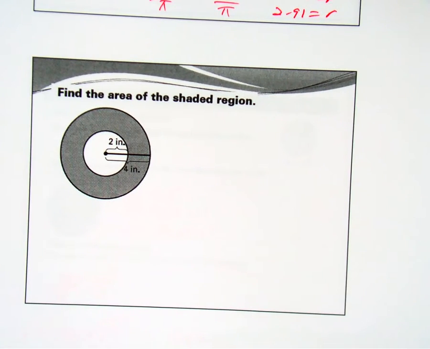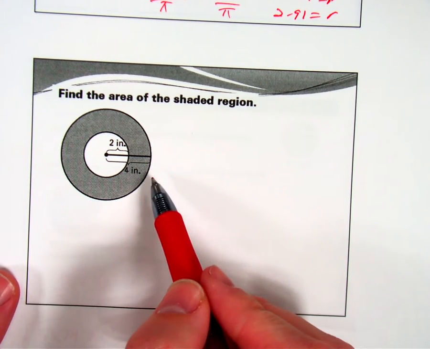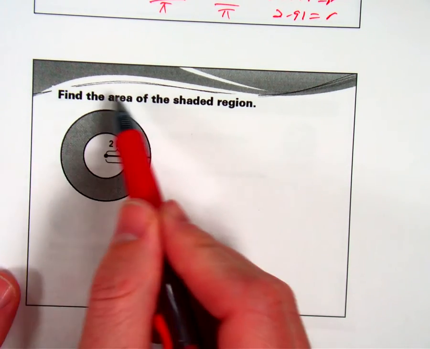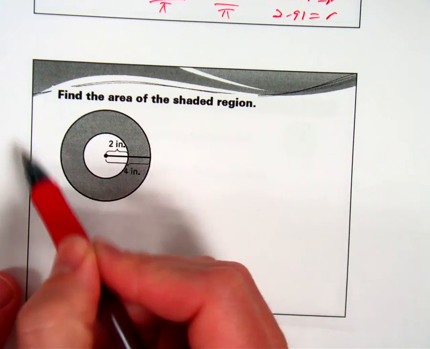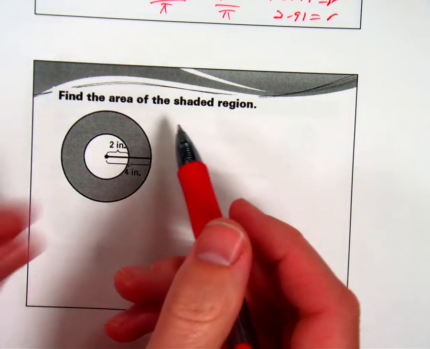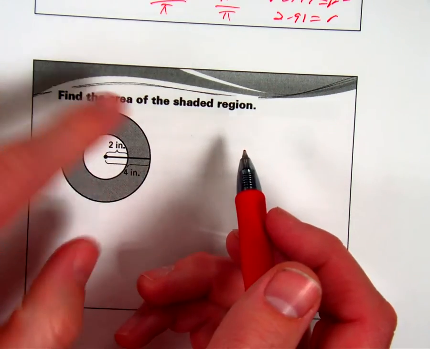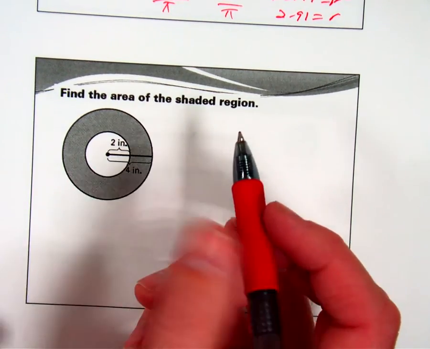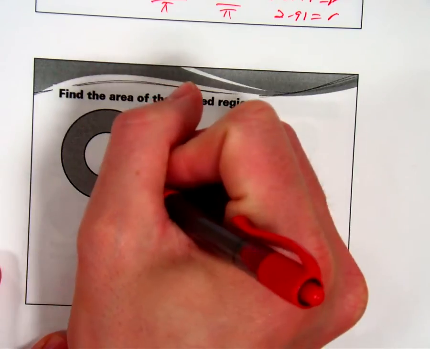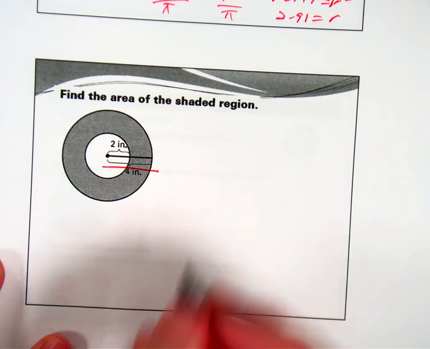Last example problem for the day is an annulus, a donut, a ring. Okay, we got two circles, one inside the other there. Find the area of the shaded region. So that's a big circle, and then it looks like we're taking out the center. So it's more like a donut there. Okay, we got the whole circle, and we're taking out the middle of the donut. So the whole circle has a radius of 4, the big one.